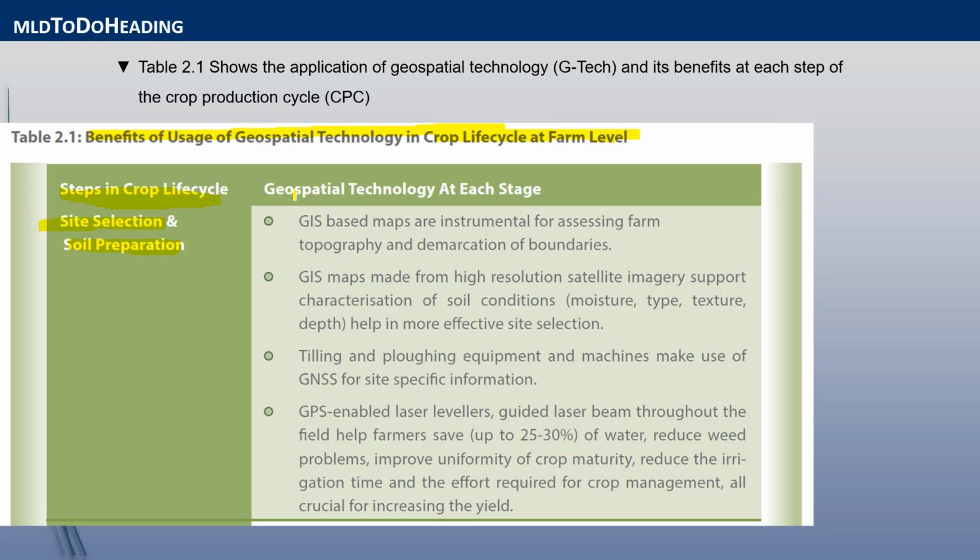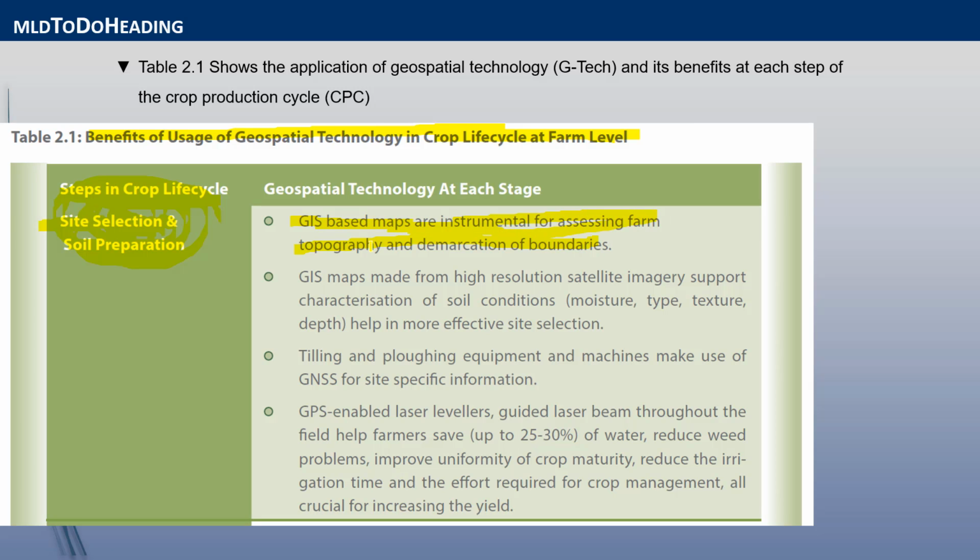So how can these two operations be done with the help of geospatial technology? It is saying that the GIS based maps, which we discussed earlier, are instrumental for assessing farm topography and demarcation of boundaries.